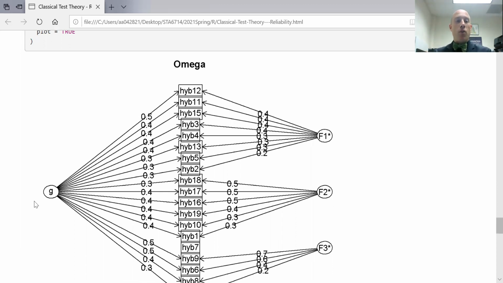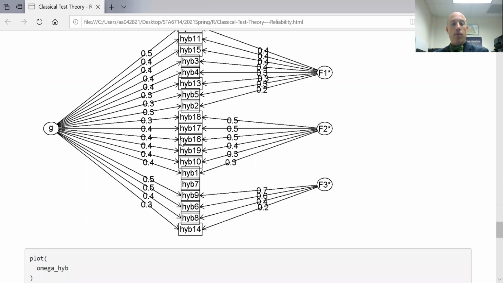So here we see the general factor, and then we have individual factors coming into play. These numbers give us an indication of the connection between each of the questions and each of the factors. The bigger the number, the greater the connection between the factor and the question.